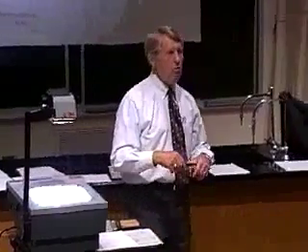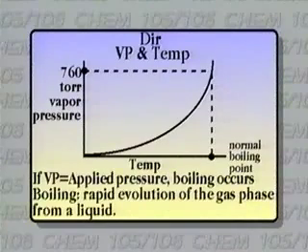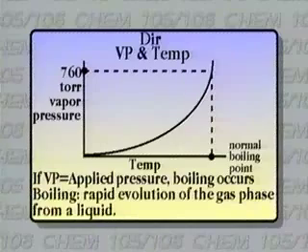But a liquid can boil at nearly any temperature because boiling is dependent upon the applied pressure. Anytime that the equilibrium vapor pressure, and we'll just call it vapor pressure, is equal to the applied pressure, boiling occurs.